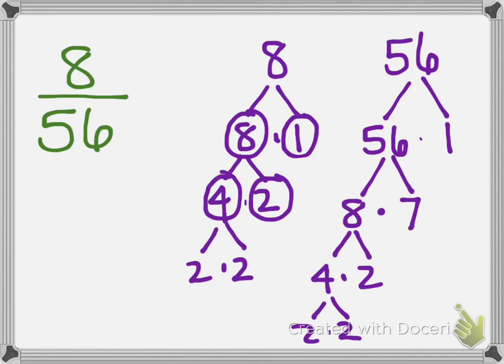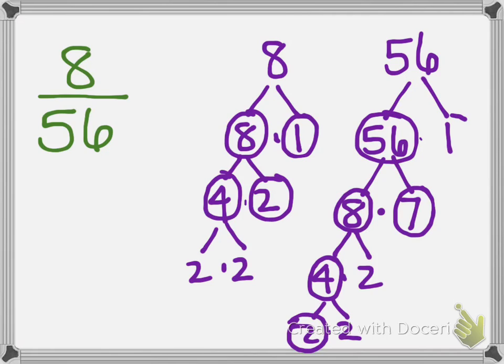And we can see that 56, 2, 4, 8, 7, 56, 1. These are all numbers that can break down 56. So which one should we use? Well, we use the greatest common factor. What is the largest number in these factor trees that are shared between 8 and 56? That would be 8. 8 is the largest number they share.